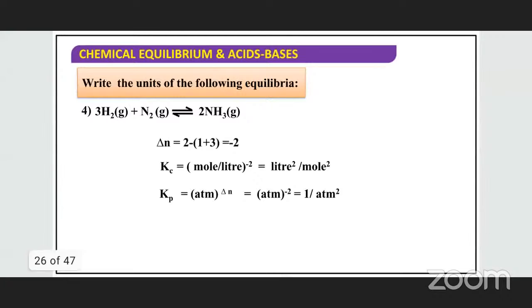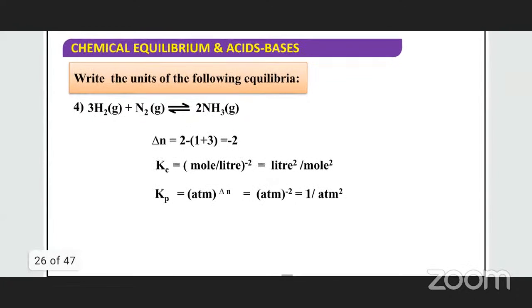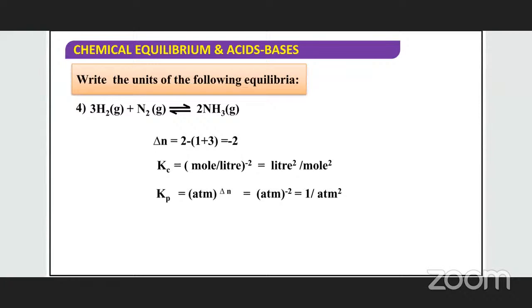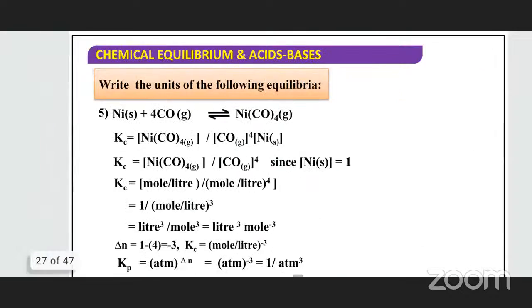Kc is equal to mole per liter whole power delta N. Delta N value is minus 2. The units are liter squared per mole squared. Kp units are also atmosphere whole power delta N. Delta N is equal to minus 2. Atmosphere to the power minus 2, 1 by atmosphere squared. So these are the Kc and Kp units.